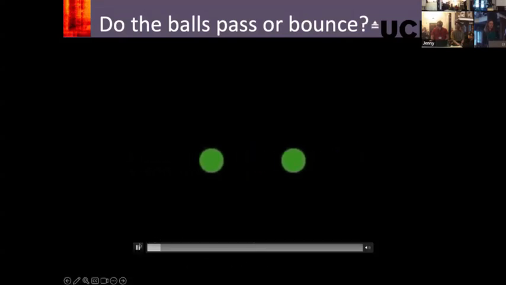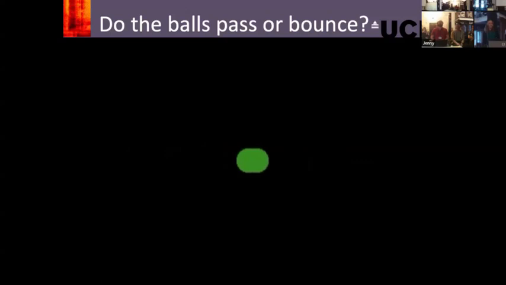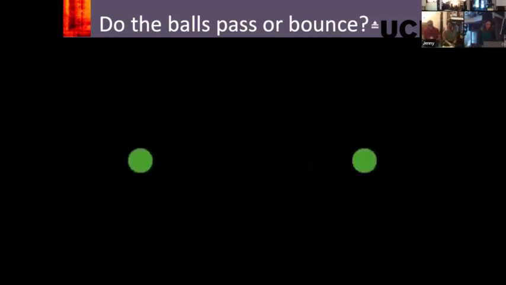Okay, you can stop. Put your hand up if you thought they passed through one another. That's almost everyone. Put your hand up if you thought they bounced off one another. Okay, so most people thought it passed through.